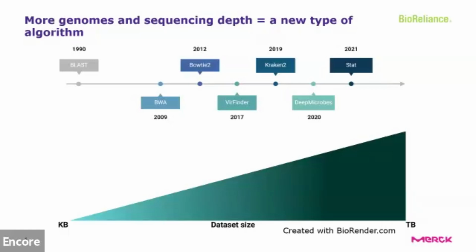So first it was local alignment, read mapping, that's BWA, Bowtie 2, I think you're familiar with those. Then around 2014, K-mer tools came out, like Kraken, STAT, which is from the NCBI. DeepMicrobes is K-mer and machine learning combined, but you clearly see how the evolution of tools correlates with the growing volume of the data. And so we had to adapt as well.